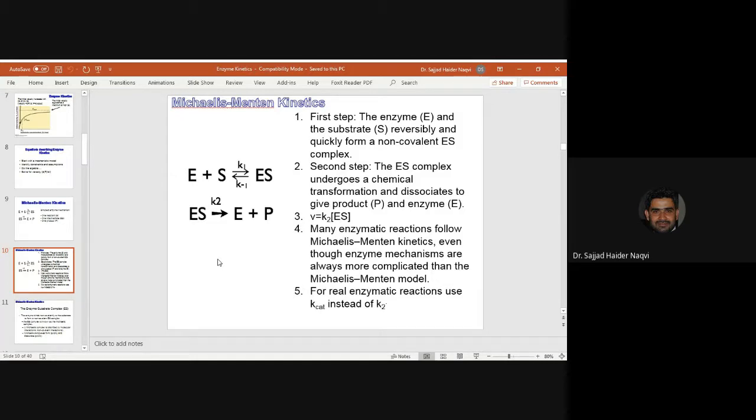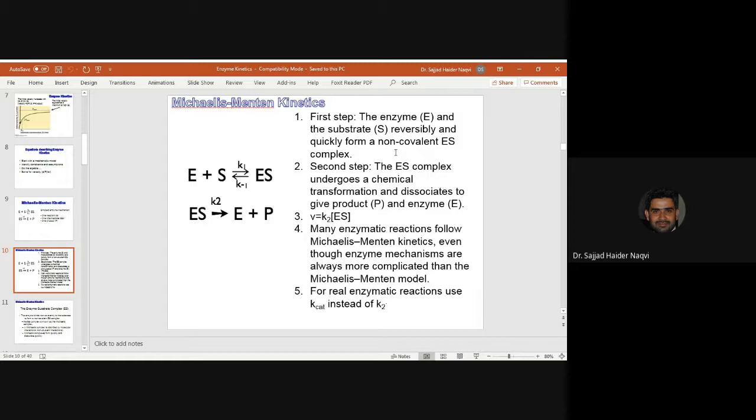So the first step is the enzyme and the substrate bind reversibly and quickly, forming a non-covalent enzyme substrate complex. I think the first point is pretty much clear. I already explained. A couple of things I want to add. Number one, enzyme substrate complex is a non-covalent complex.